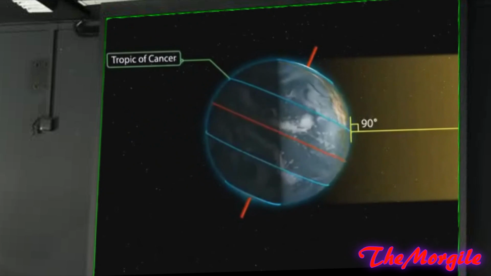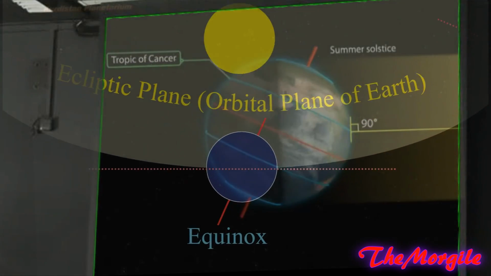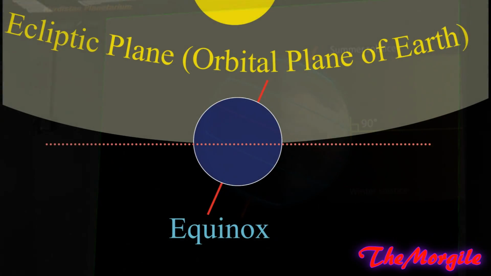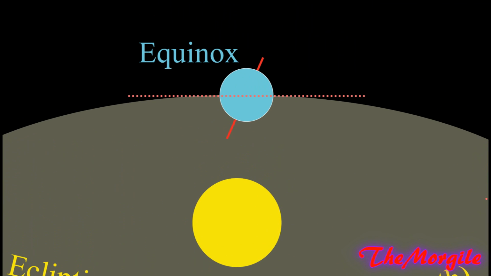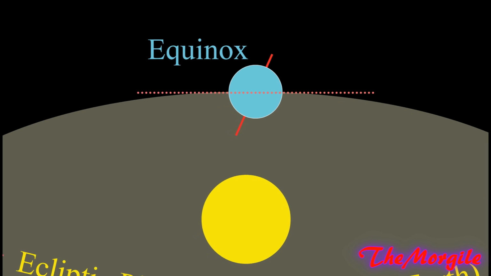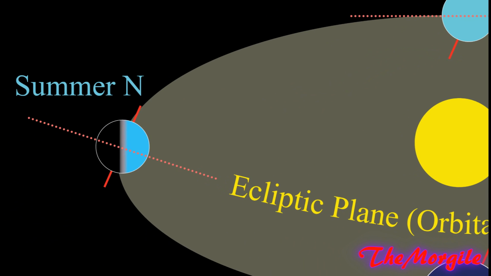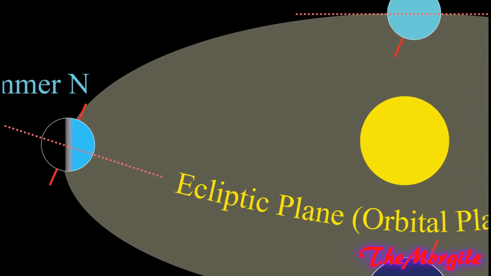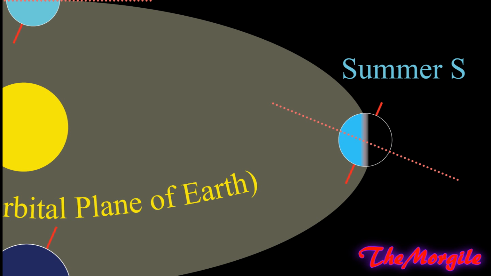And again, that's how we get seasons, and that's how we allegedly get the equinox, which is when the sun is apparently above the equator, and the solstices: during the northern summer, the sun is apparently above Cancer, and during the southern summer, the sun is apparently above Capricorn.